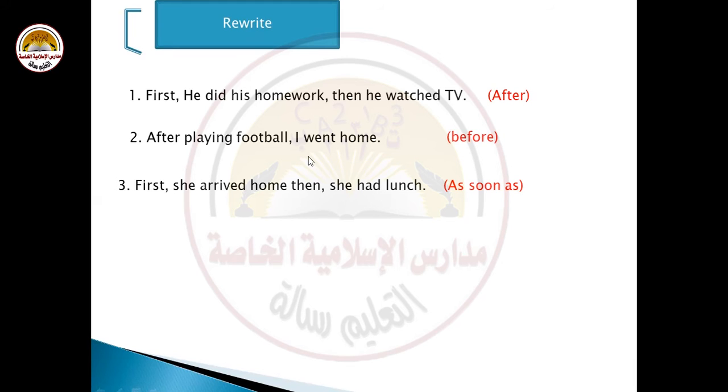After playing football, I went home. Use before. Notice, after we use the gerund, verb plus ing. After playing football, we remove the subject. We use the gerund. After playing football, I went home. Which action happened first?